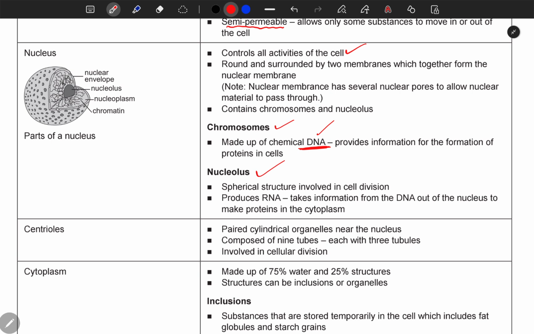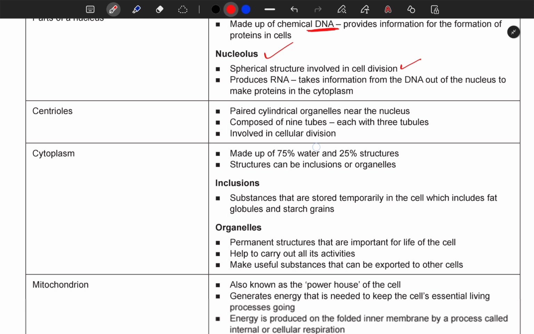It's a nucleic acid, which is just information about that particular organism. The nucleus is a spherical structure involved in cell division. When you look at genetics under cell division, you are going to go into more detail. We have the centrioles. These are paired cylindrical organelles near the nucleus. They are involved in cell division.